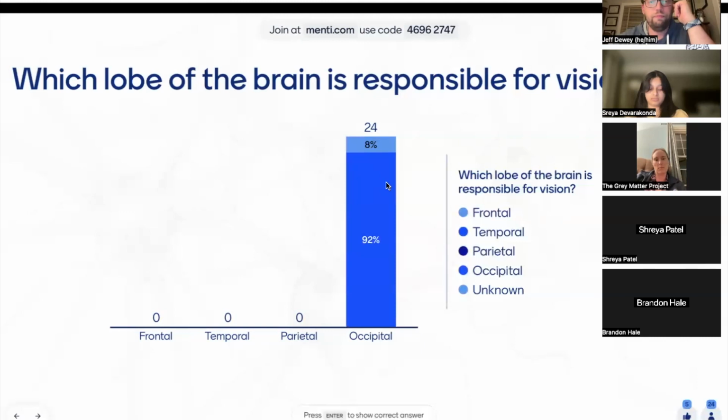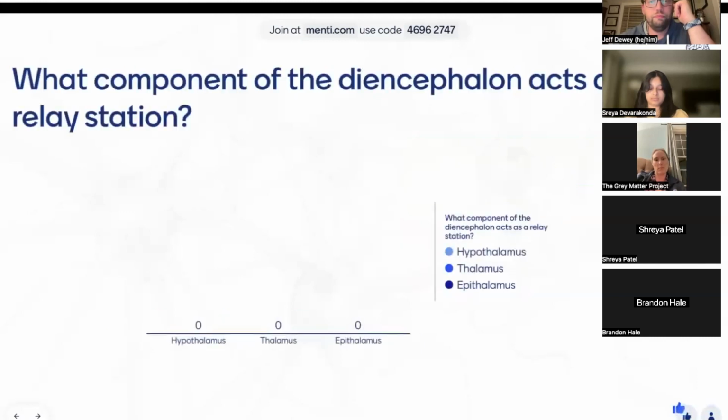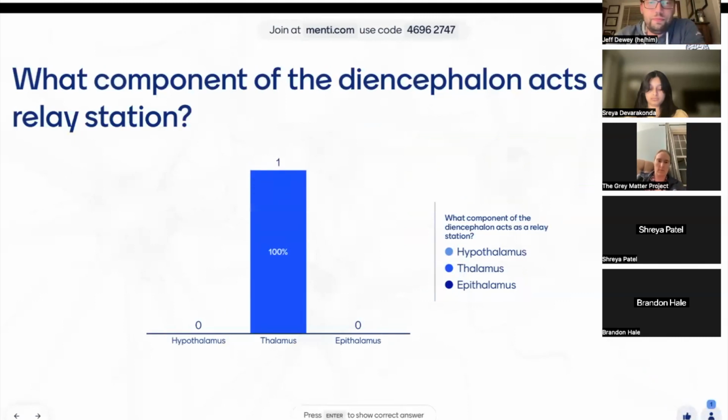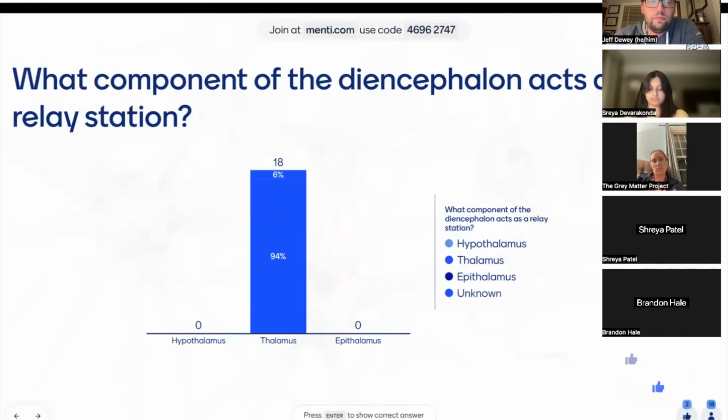Good. What component of the diencephalon acts as a relay station? Nice.